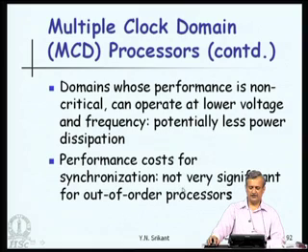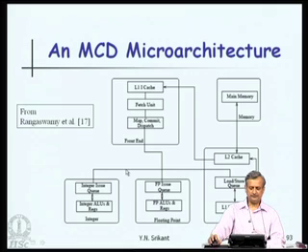Performance costs for synchronization are not very significant for out of order processors. So, if somebody builds MCD processors, it may still be useful. Here is an example of an MCD microarchitecture. There is a front end which does fetch and decode.